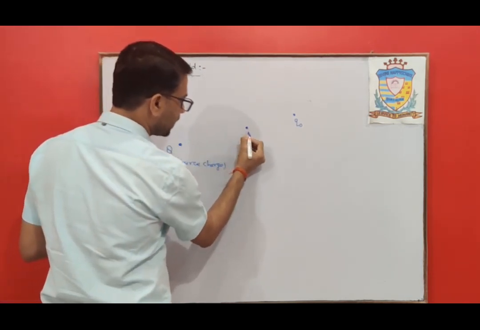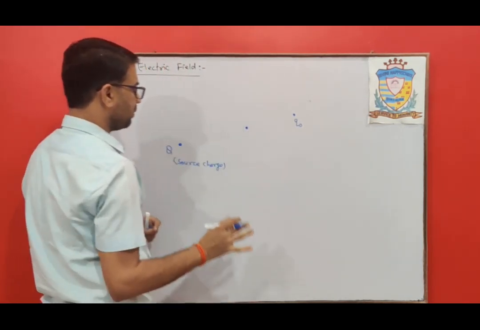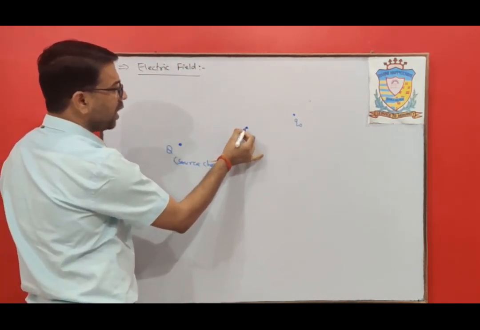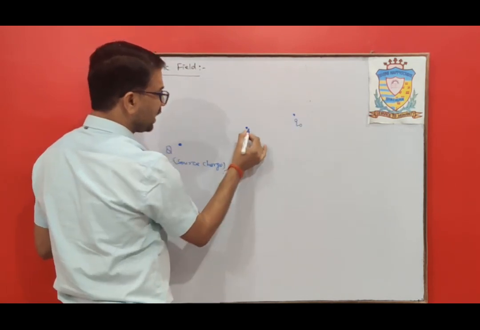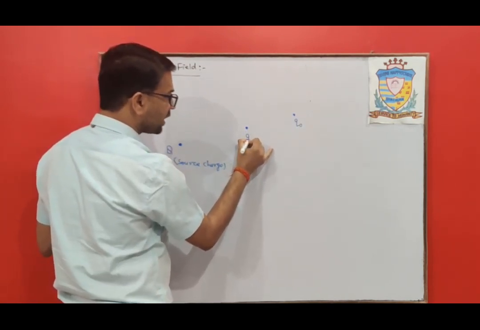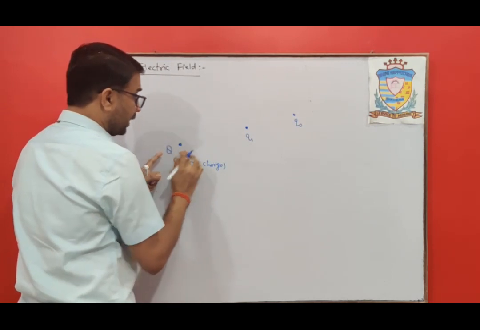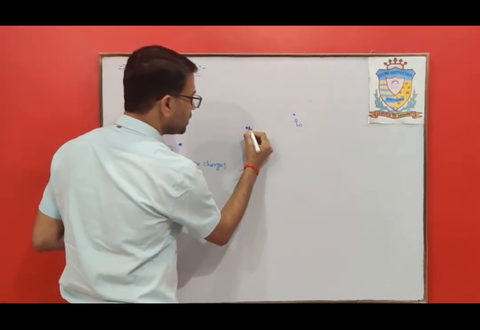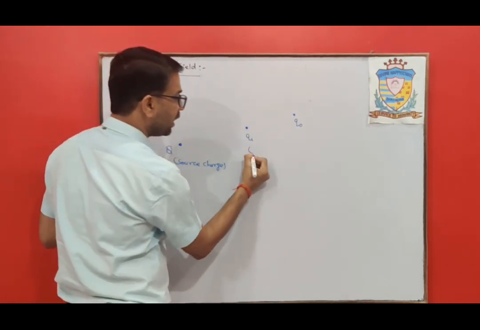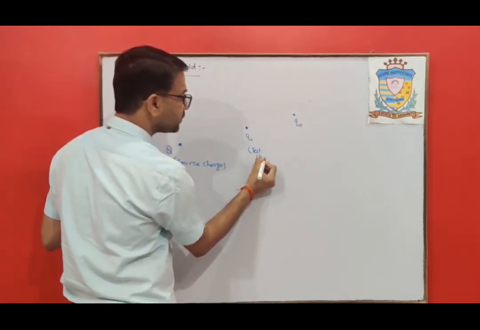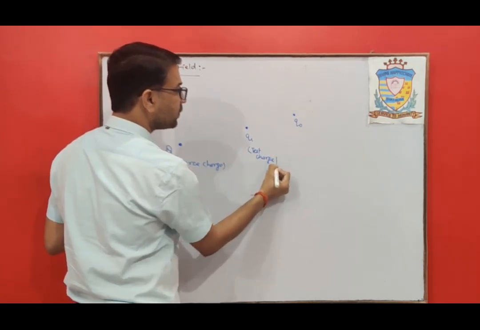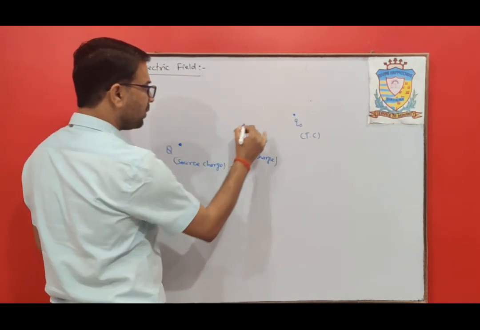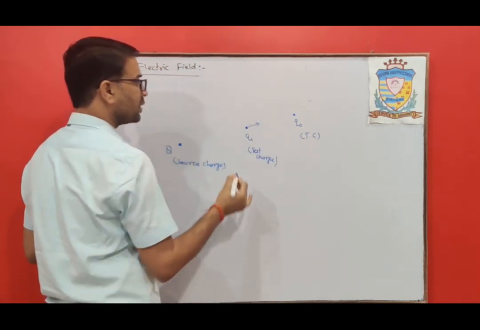If we place another charge, either positive or negative, it will attract or repel this charge. But if we place a charge Q1 over here, let these two charges be positive, this is the source charge and this is the test charge. Here it will apply some electrostatic force.